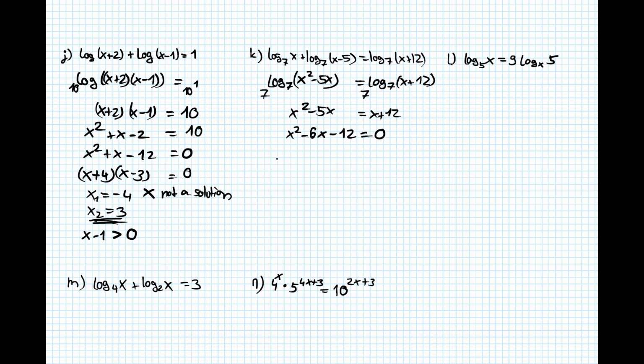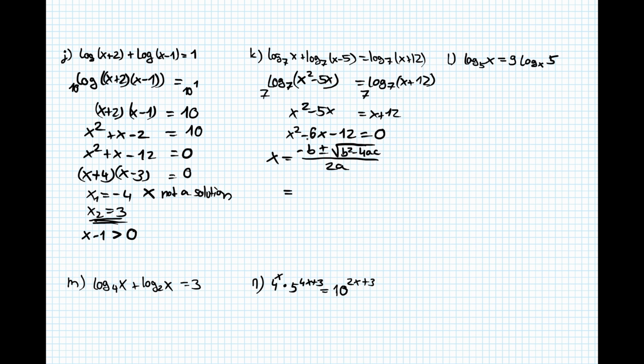So we'll just use the quadratic formula, which is x is equal to negative b plus minus square root of b squared minus 4ac divided by 2a.